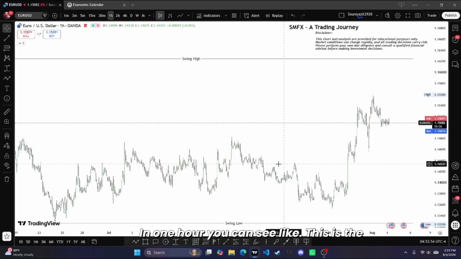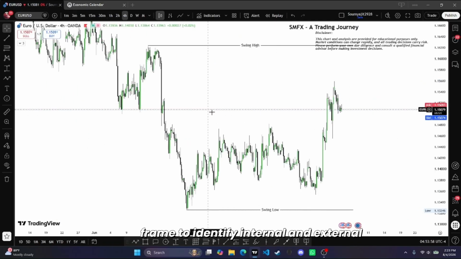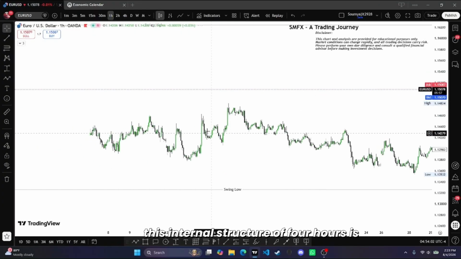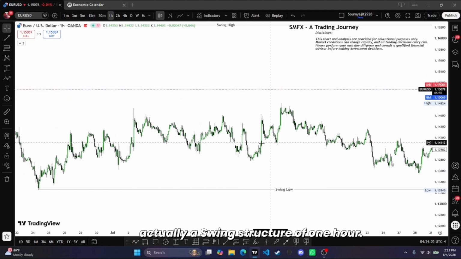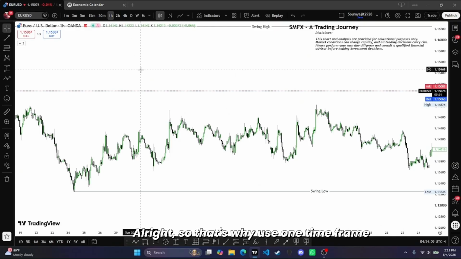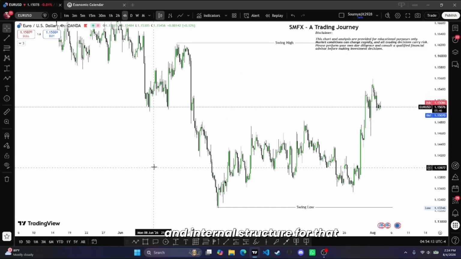In 1 hour, you can see this is the reason I told you to use one particular time frame to identify internal and external structure. Because if you see 1 hour, this internal structure of 4 hours is actually a swing structure of 1 hour. So that's why I use one time frame while identifying swing highs, swing lows, and internal structure for that particular time frame.